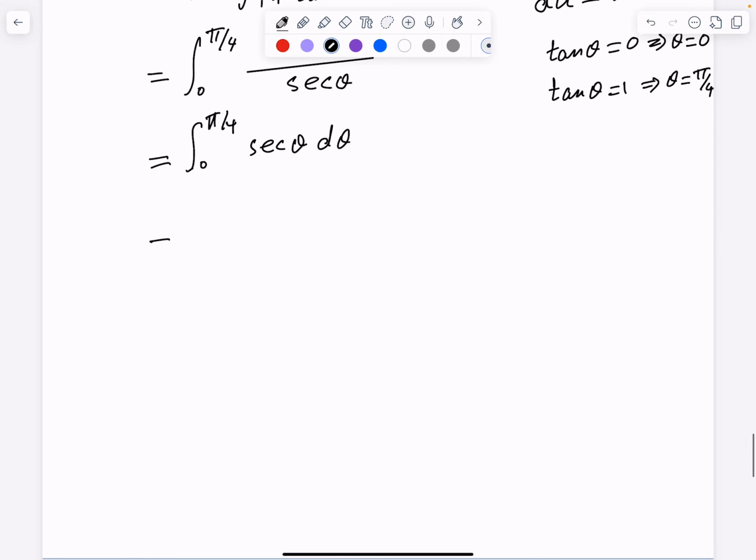And this one is nothing but ln of secant theta plus tan theta, from 0 to pi over 4.